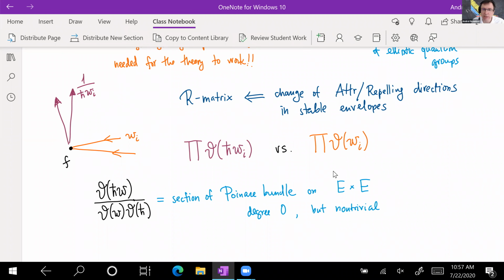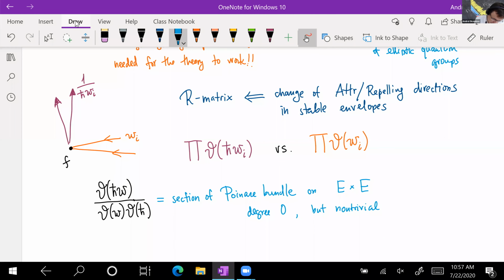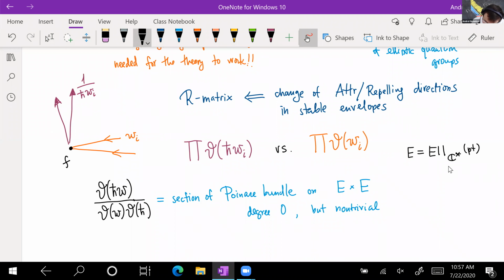When I think, this is maybe a general remark, it's very convenient if you think of E as being a covariant elliptic homology of some group C star, or maybe of a point, maybe U1.